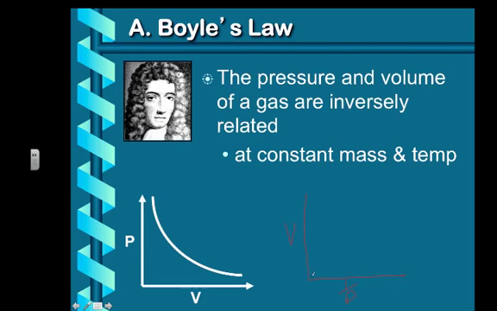What I actually see is a graph that looks like this. If you ever see something like this, where you see volume, and the other factor is 1 over a number, and you see a straight line going up, that's an inverse relationship right there. So make sure you make note of both of these graphs right here.